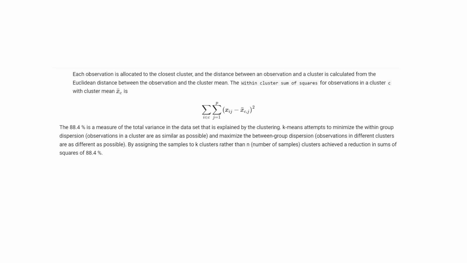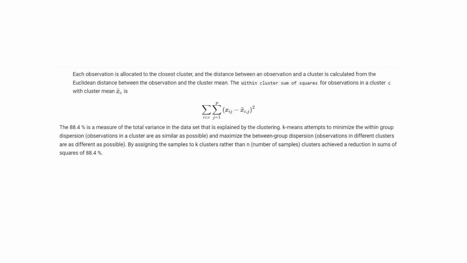So at first we take the difference across different coordinates or features and then we square it and add it up for the different features. And then the second or the outer sum is over the different observations in that corresponding cluster. This overall expression gives us the within cluster sum of squares for one cluster C. The 88.4% in the previous output is a measure of the total variance in the dataset that is explained by the clustering.